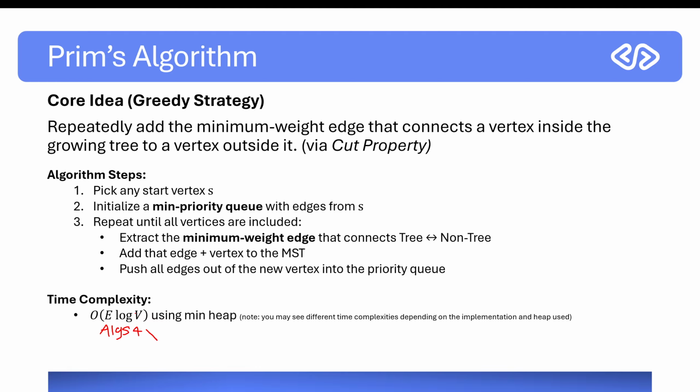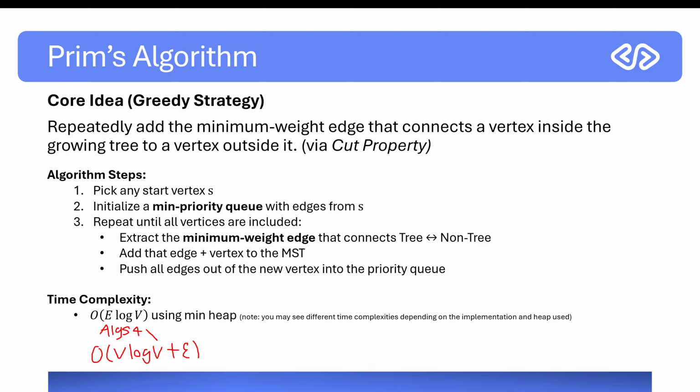Because you can also see, I believe Hellings writes it as V log V plus E, I think something like that. Yeah, let me double check that. Yeah, no, on your cheat sheet it's different.